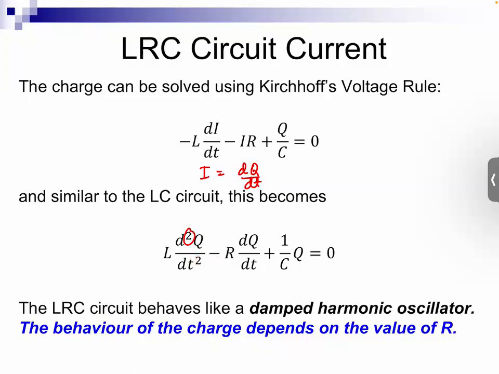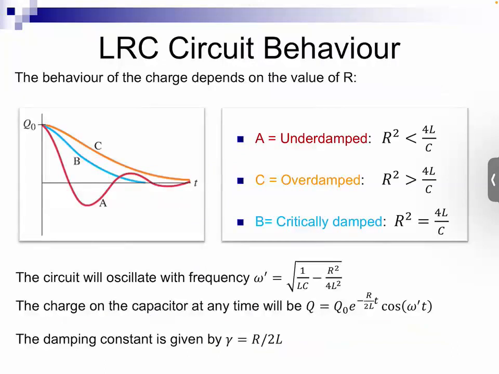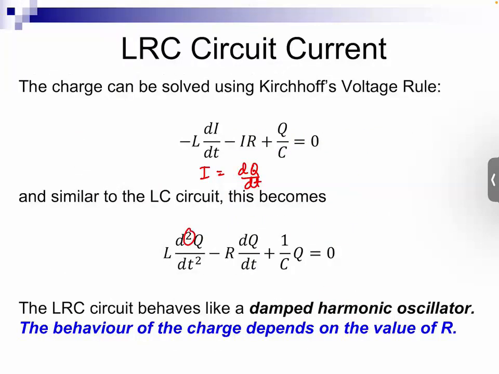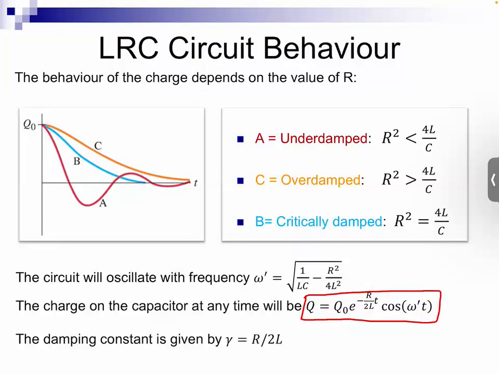If we solve this, it will again be a second order differential equation, with cosine and sine functions. We will not go into the details of that. For this course, we will just look at the solution and interpret it. So this is a second order differential equation for the charge. If you solve it, you get an equation that relates how the charge changes with time.